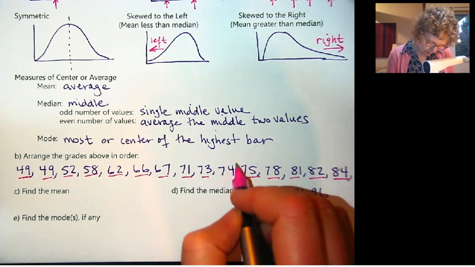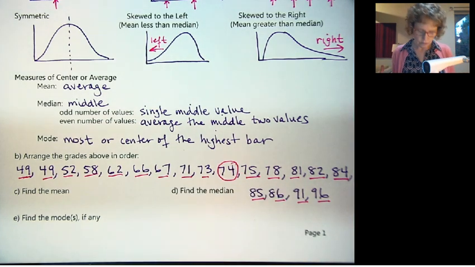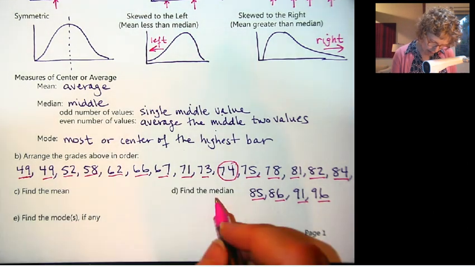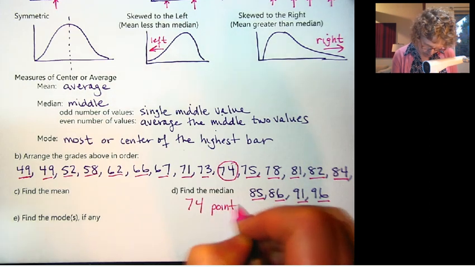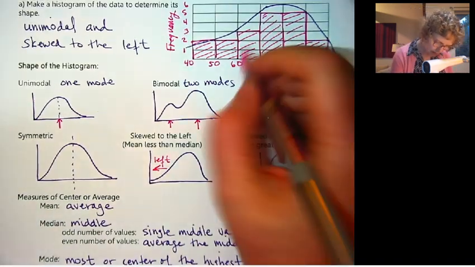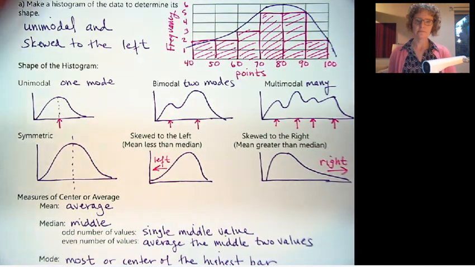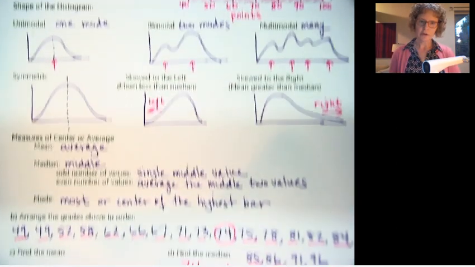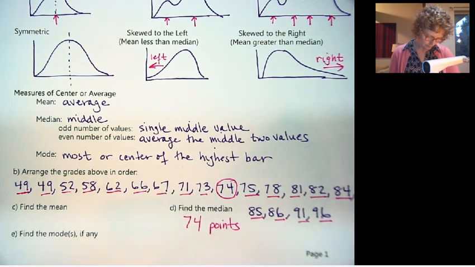Okay, 74, and because we have an odd number, we have 19 values, there's a single number in the middle, and so the median is 74 points. I need to label my histogram. I need to put points on here. Units are very important. We always want to put units on our statistics.